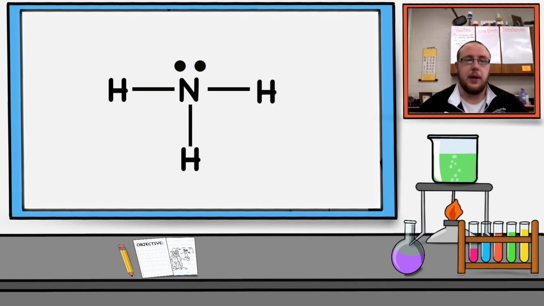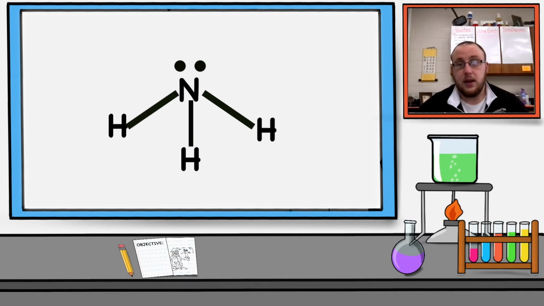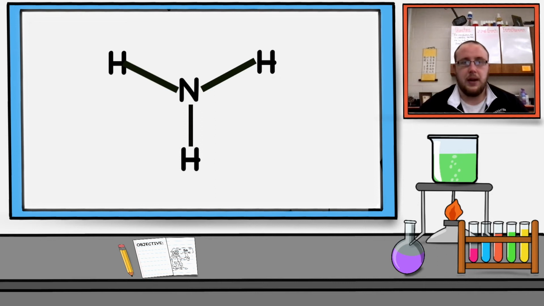This lone electron pair is going to act upon other atoms within the molecule and repulse them, causing them to rearrange themselves more like this. If hypothetically we remove those lone pairs of electrons, the molecule will arrange itself so that the hydrogens are as far apart as possible. This shows us that the amount of lone pairs on the central atom affects the molecular geometry, or how molecules orient themselves.